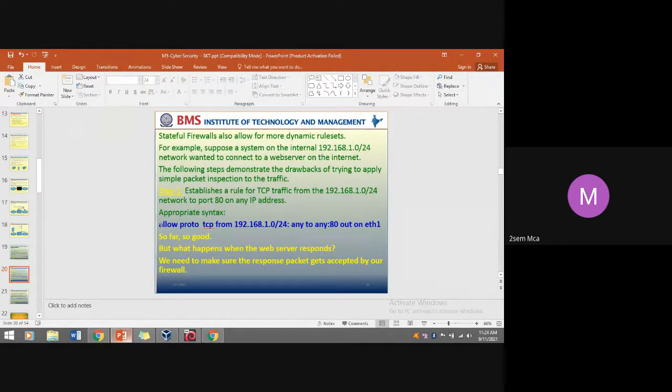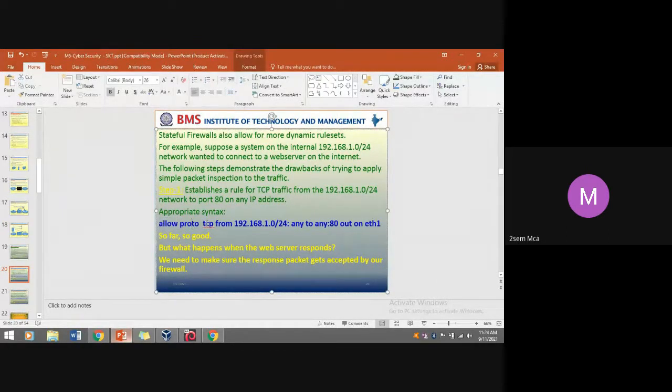So, approximately: allow protocol, which protocol? TCP protocol, from which IP? From any computer in this network to any computer in the external network, to any port which has the port number 80.